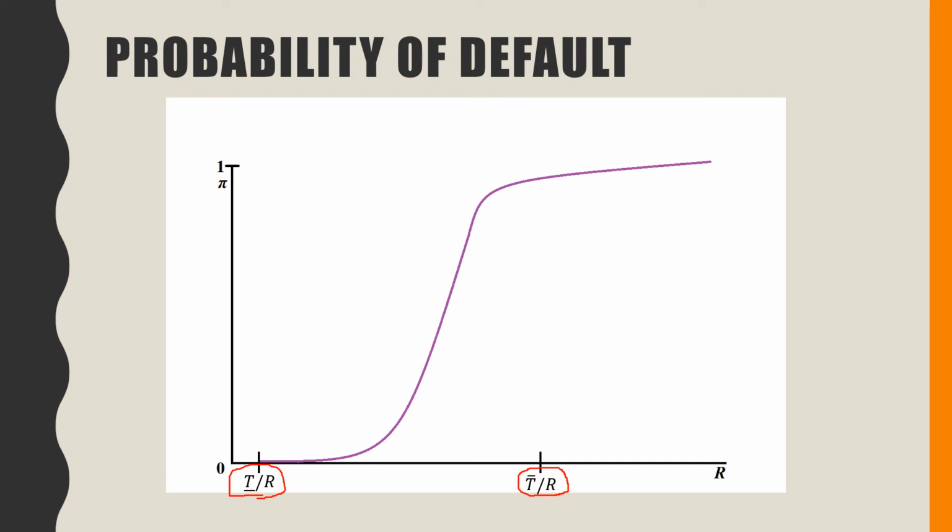Anything that they collect will be for sure taken. Anything less than this, this is where we start ending up with minuscule probabilities of default. And at this point here, anything beyond here, the government is going to default.